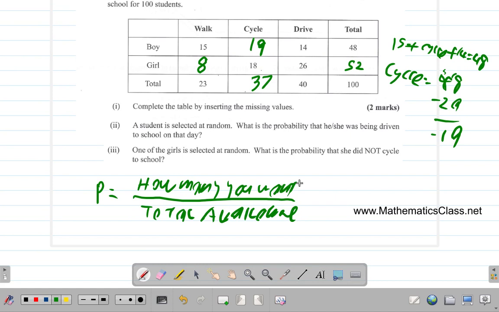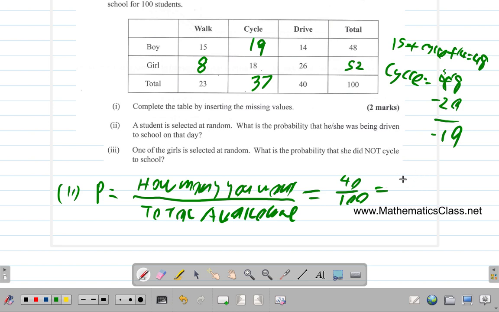So you have to say now, how many students driven over how many students total. So being driven, 40 students drive. And how many are all of the students? 100. So in this case, you have to say 40 over 100.